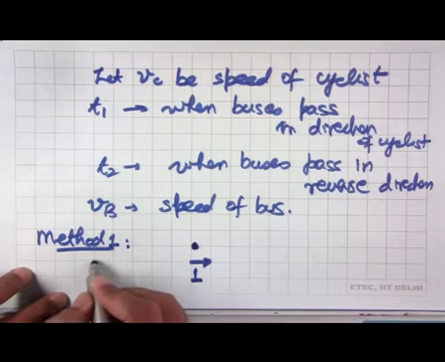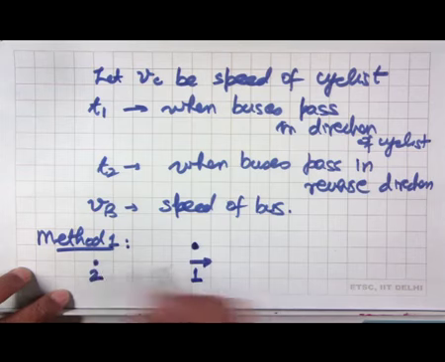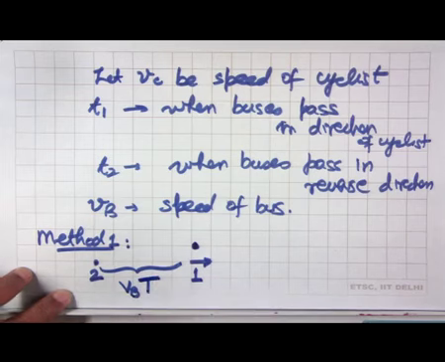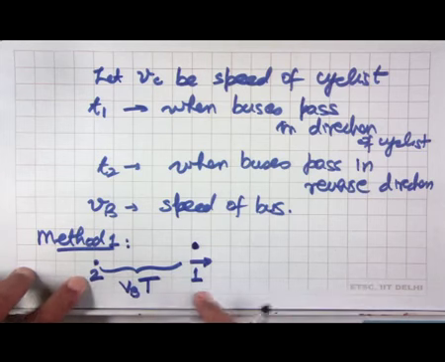Now, the next bus, bus number 2, is at a distance of Vb times capital T behind bus number 1, because all buses are crossing after time T.